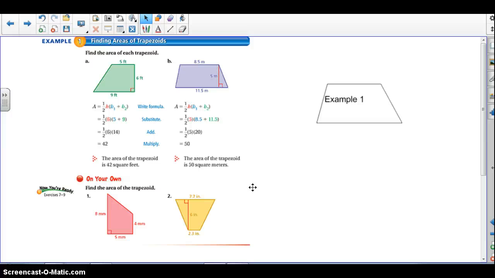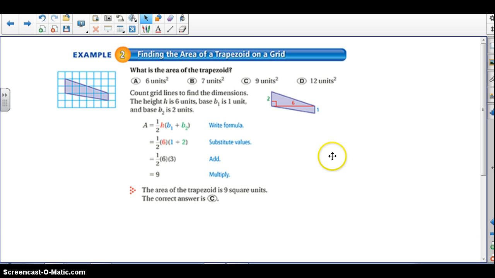The on your own answers are 30 millimeters squared for number 1, 30 inches squared for number 2. You should have every step written down just like these before you get your answer. All right, let's move into example 2.